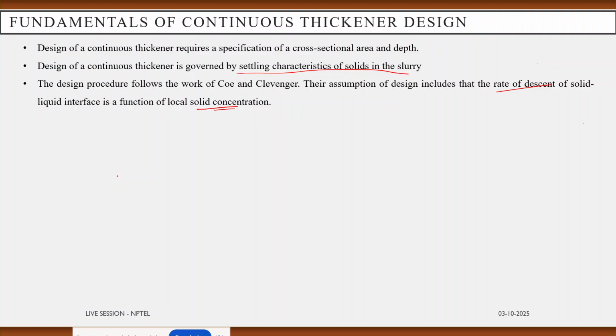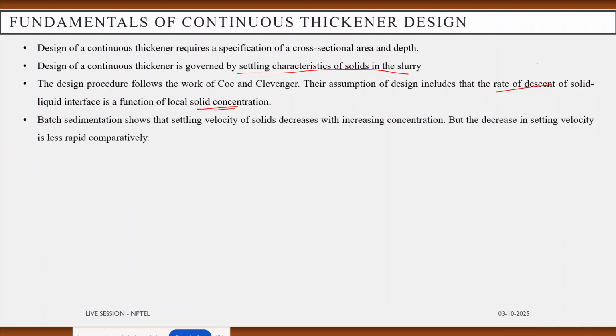It is very important to note the local solid concentration in the continuous thickener operation, because based upon that we will design the cross-sectional area as well as the depth of the thickener.